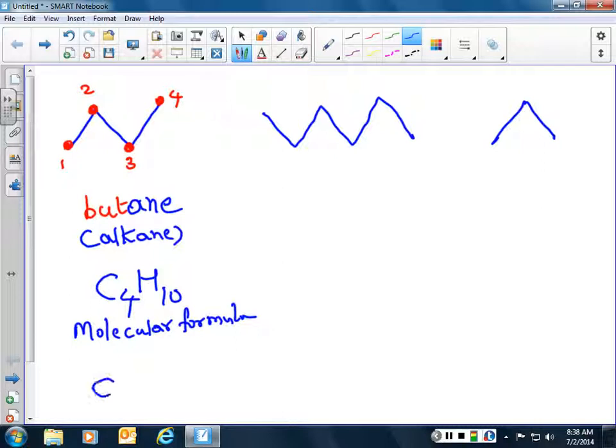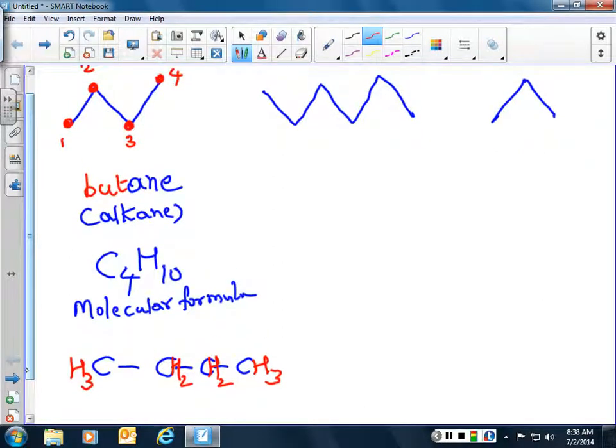You could write it out like this: 1, 2, 3, 4, and you could show all the hydrogens. 3. You could write in the front or in the back. That's fine. 3. And that would be the condensed structural form. This is the condensed structural form.